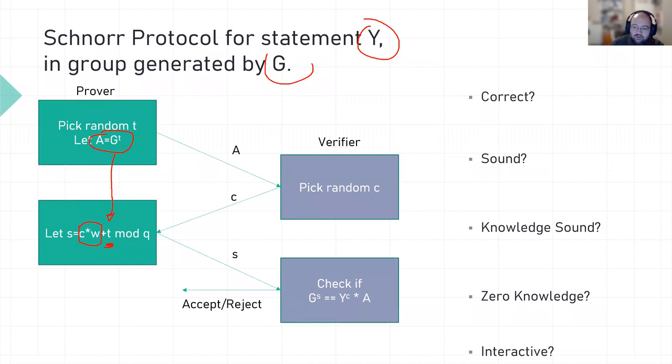Is this sound? Is this knowledge sound? Is it zero knowledge? And is there something we can do about all of this interaction? The way we looked at this protocol, it takes 3 rounds to work. First the prover sends a message, then the verifier sends a message, then the prover sends another message. That sounds complicated and expensive, and we would very much like to do this all in one step.